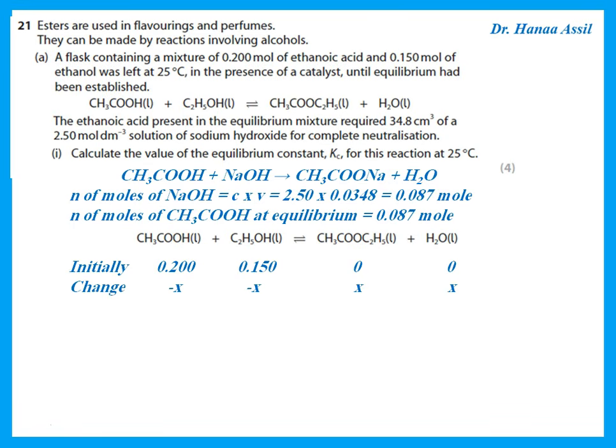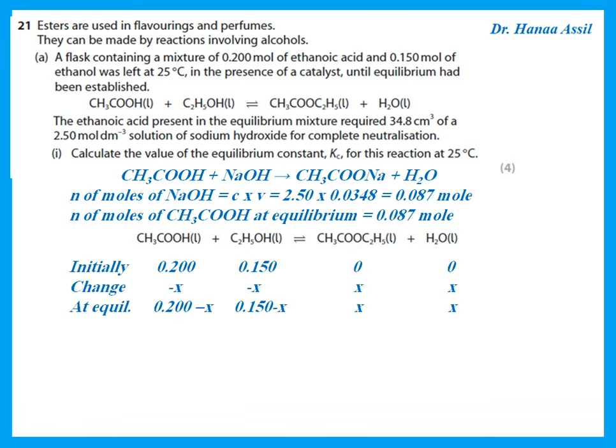Now, the change is related to the coefficients. All of them have a coefficient of 1. So I will have 0.2 minus x at equilibrium for the ethanoic acid, 0.15 minus x of ethanol, and I will form x of the ester and x of water.